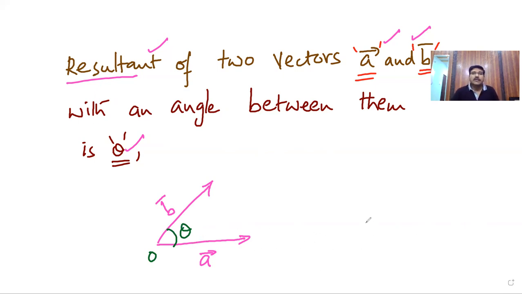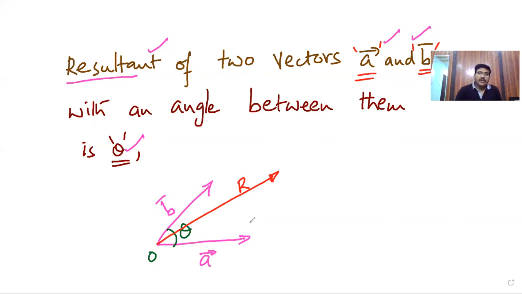Clear? Where does the resultant lie? The resultant lies in between these two. This is the resultant vector. The resultant vector is, let us say, R.